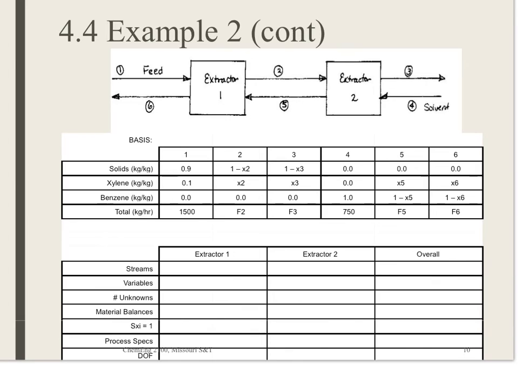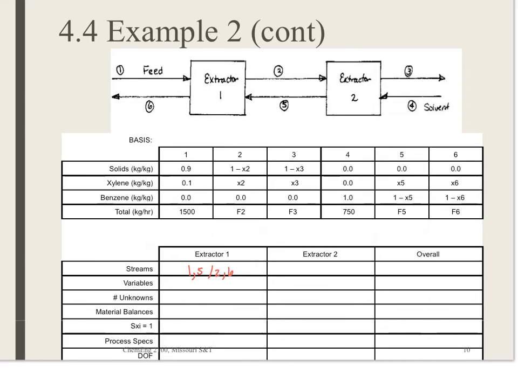Next, let's look at the degree of freedom table. Now, we have two different pieces of equipment, the extractor 1 and extractor 2, and of course we have the overall system. So let's look at each of the extractors. So extractor 1, streams 1 and 5 come in, streams 2 and 6 leave.